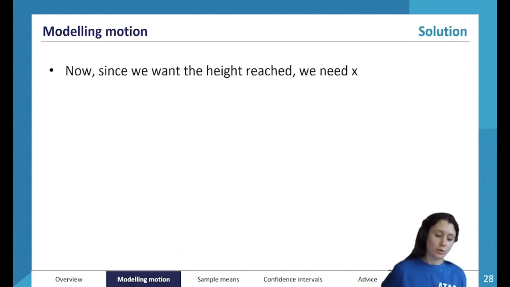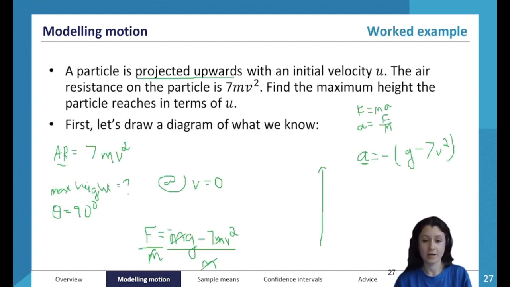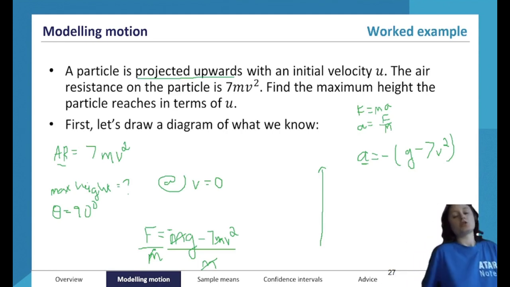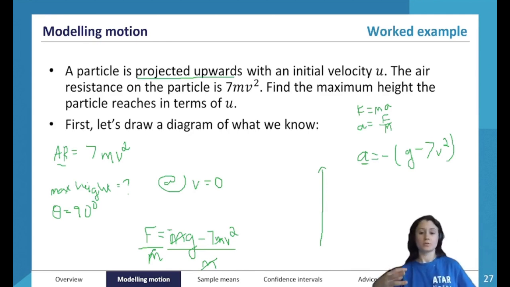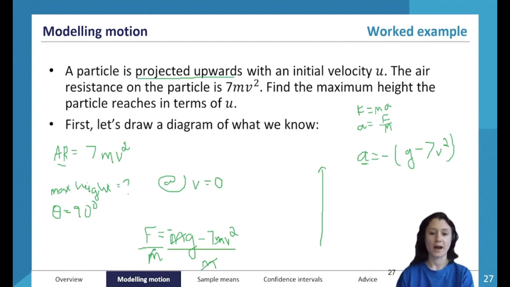Since we want to get the height, we need to get x in there somewhere because x is the position of the ball. Alright, we want to get the maximum height, which will be x. So what we have over here is a as a function of v. We need to think about what equation we can use to actually get x in there.